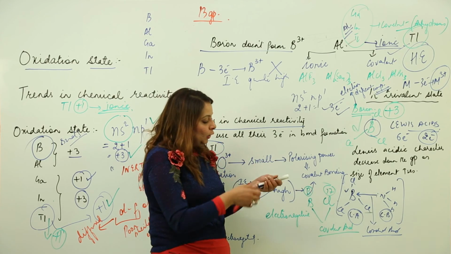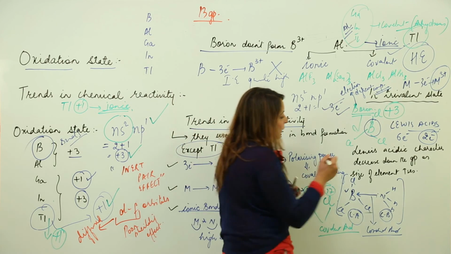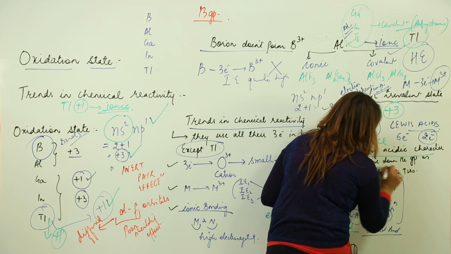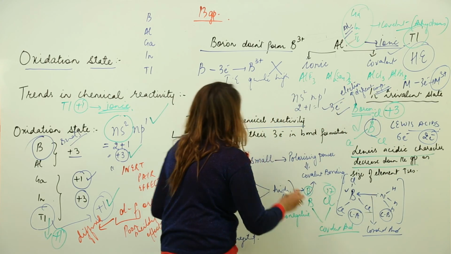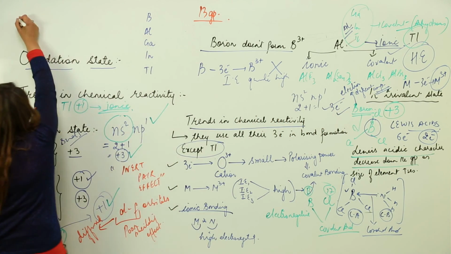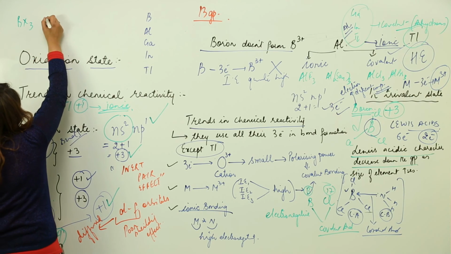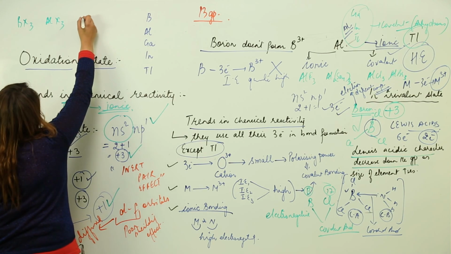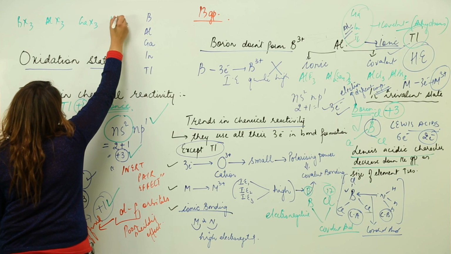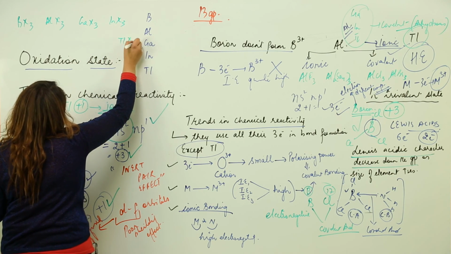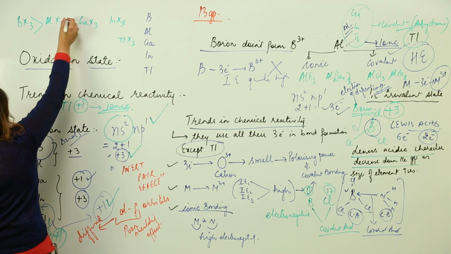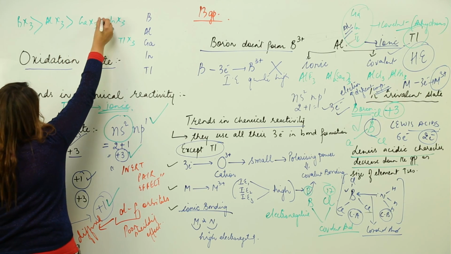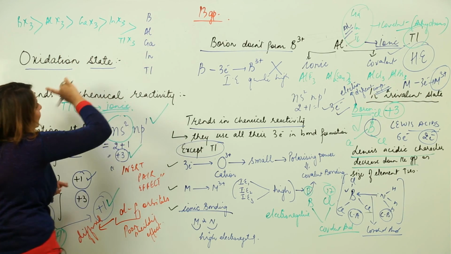If we look at the Lewis acidic character, we see that it decreases down the group. If we have BX3, AlX3, and I am writing the halides of all of them, then gallium halide, indium halide, thallium halide, the acidity goes from more to less.